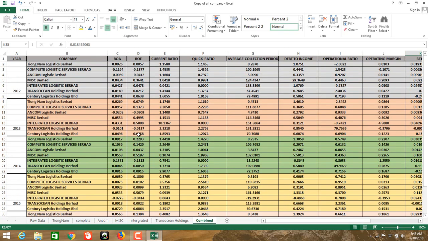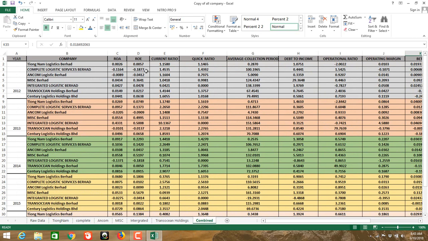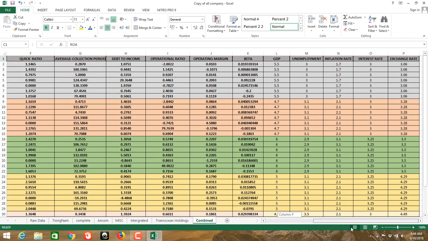This is important because this is going to be included in your SPSS. How do you combine? You don't put the calculation here. You see, the calculation is removed. Only the ratios remain: ROA, ROE, current ratio, quick, average collection period, debt to income, operation, and so on. And then you include your macroeconomic factors here.